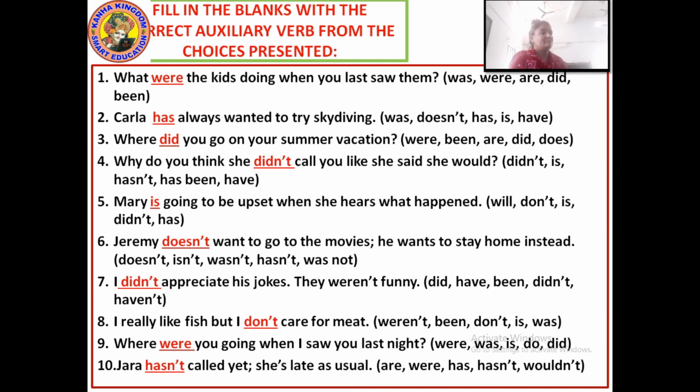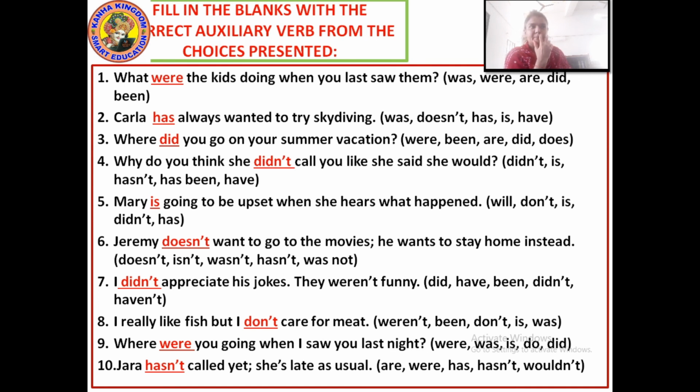Though it is negative, sometimes when the sentence needs some other auxiliary verb with negative, it can be used. So here we will use hasn't. Zara hasn't called yet. She is late as usual.